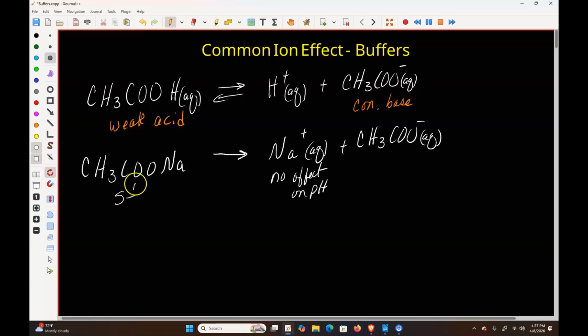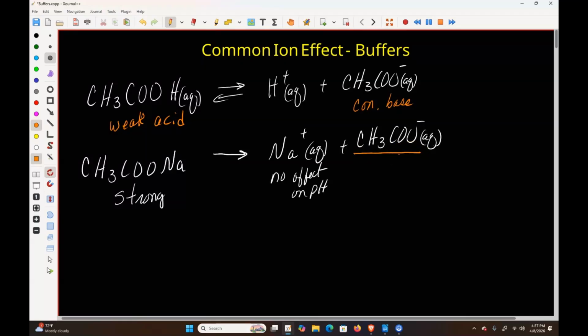So we said this was a strong electrolyte. So what essentially happens is, by adding this, my amount of conjugate base increases.